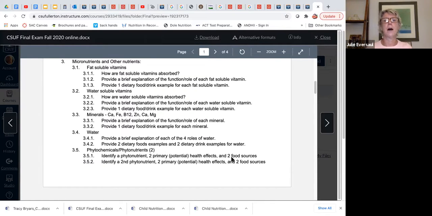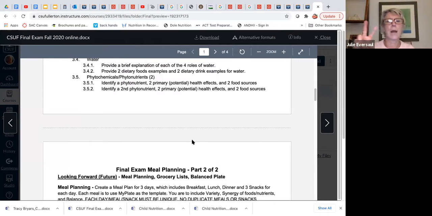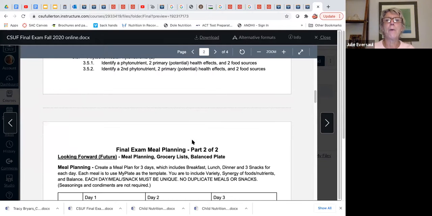This is the beauty, folks, of your antioxidants, as a great example. And then you're going to provide the same for a second one. Please make sure that you're choosing two different phytonutrients, because life is about variety. Okay, that was part one.